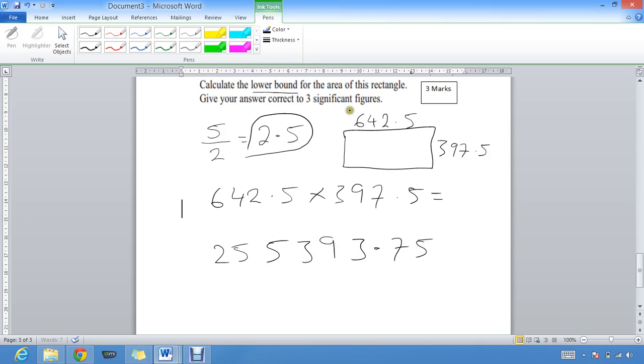And again, it asks you for 3 significant figures, so I just take out the 3 significant figures, and the rest will be 0. Okay.